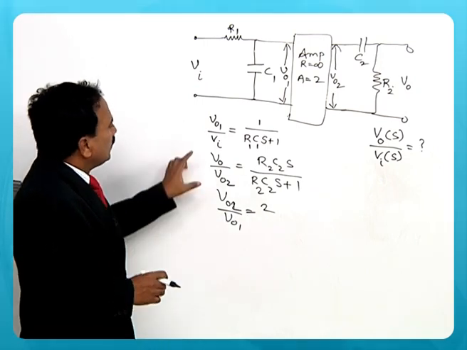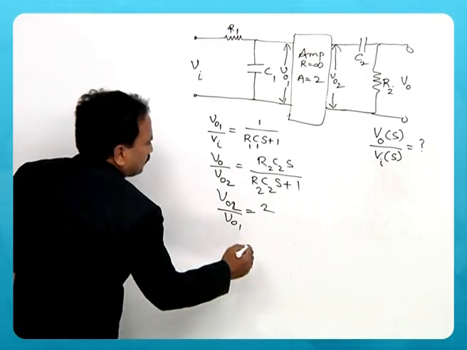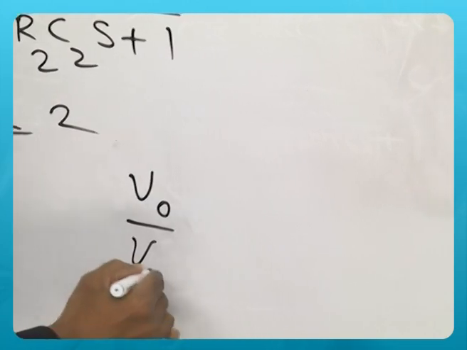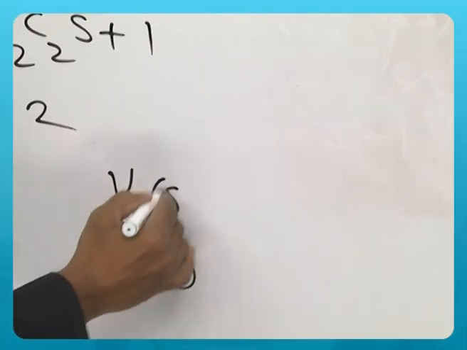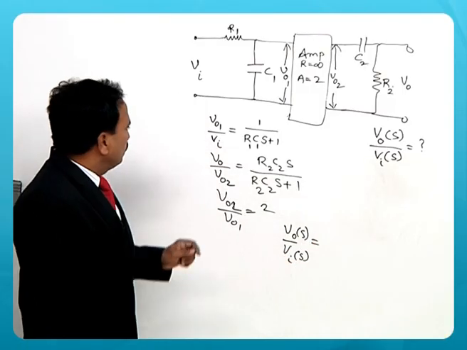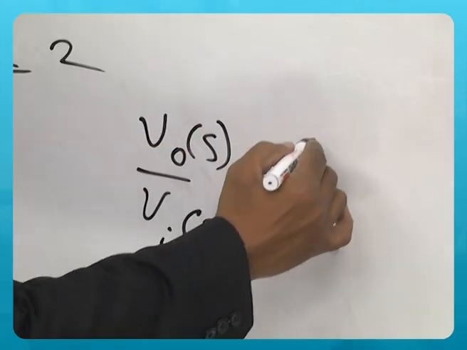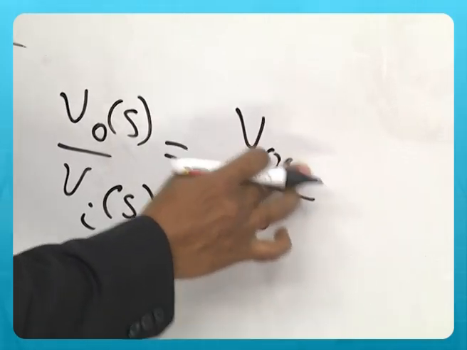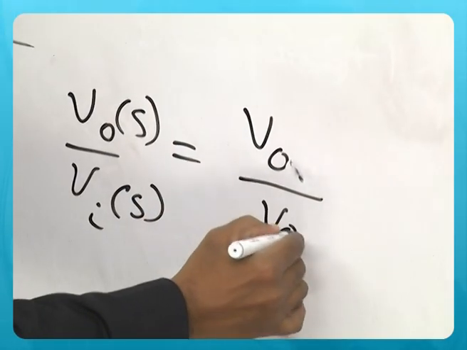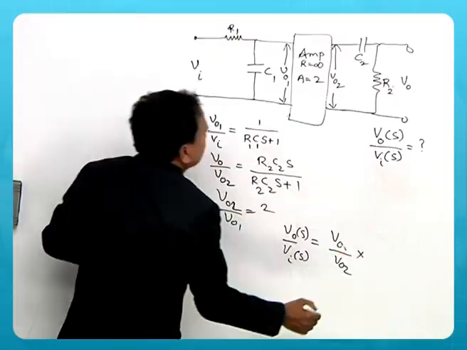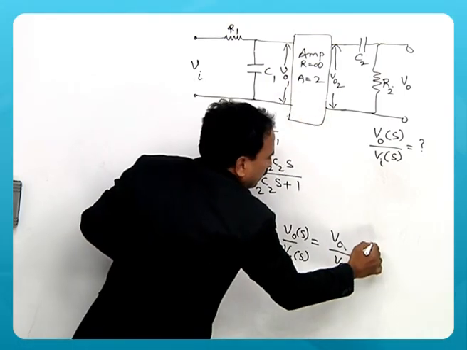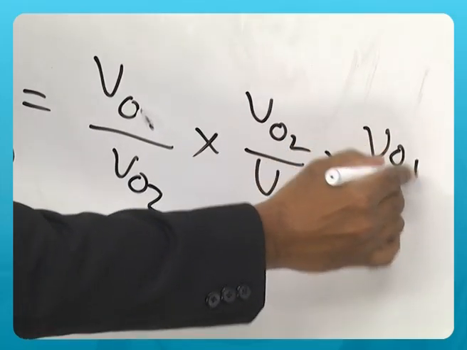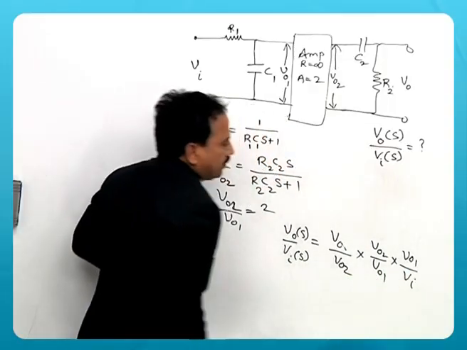Now, you see that if I want to get V0 by Vi of S, it is equal to V0 by V02 into V02 by V01 into V01 by Vi.